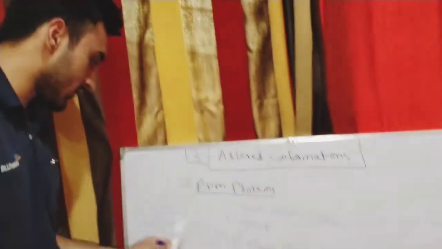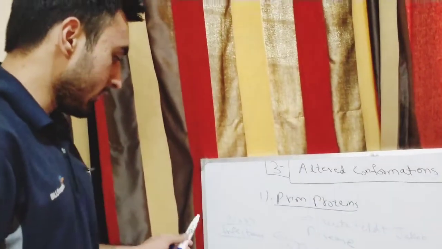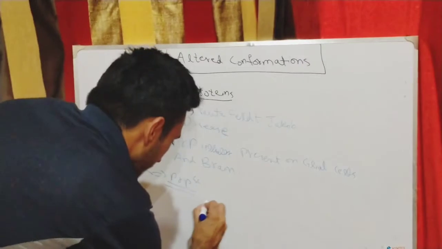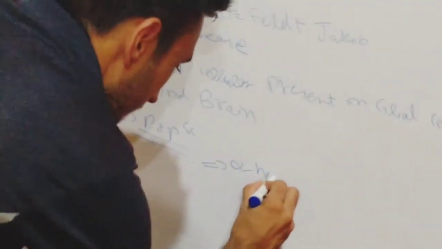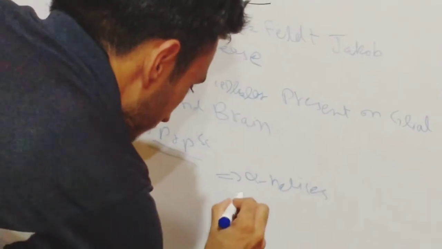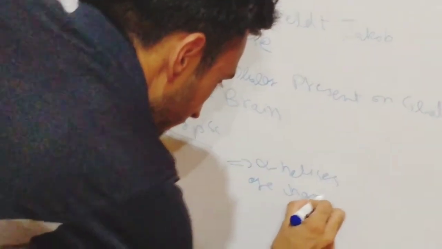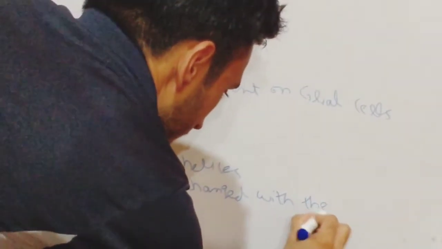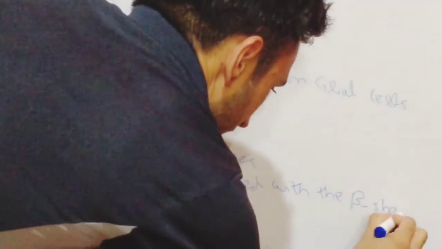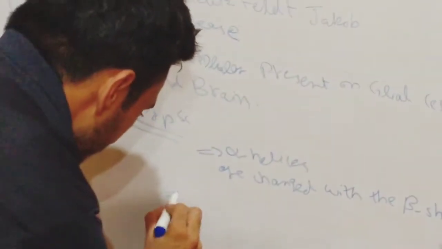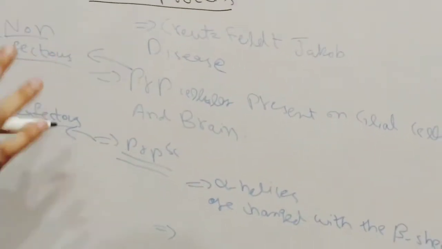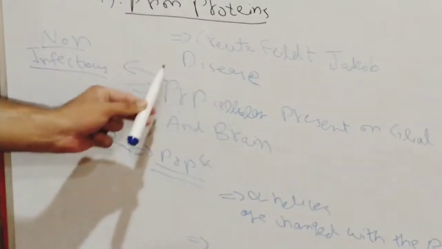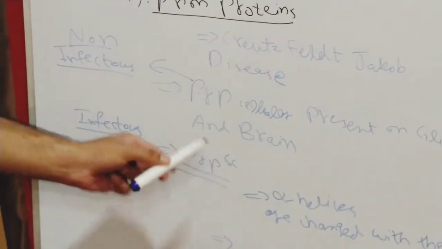So what changes occur in this non-infectious PrP cellular which cause it to be converted into the infectious PrP scrapie? Actually, the alpha helices are changed with the beta sheets, and the second cause is that there is a three-dimensional conformational change that occurs in non-infectious PrP cellular to change it into the infectious PrP scrapie.